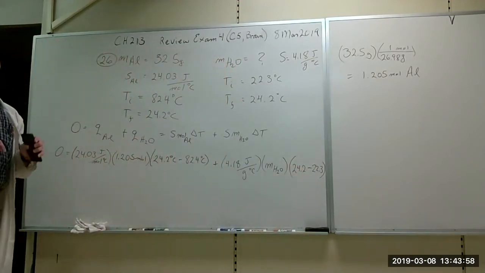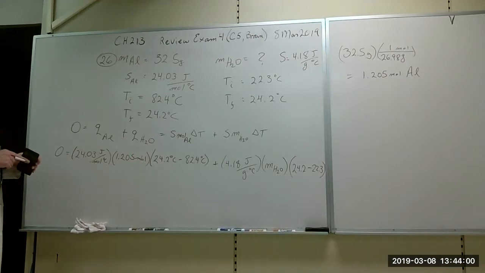Okay. So let's resolve this one. 24.03 and then 1.205 times 24.2 and 82.4 minus, and then times that. I messed up. 1.205.